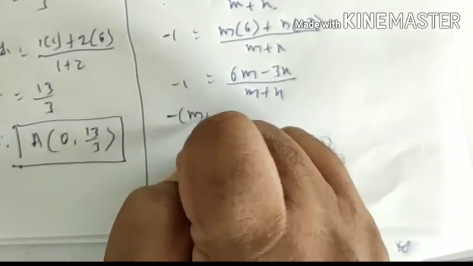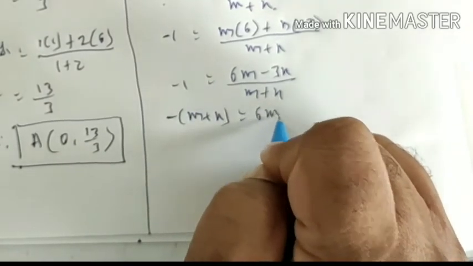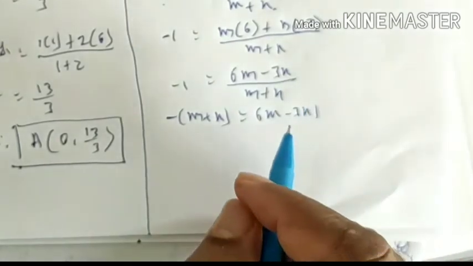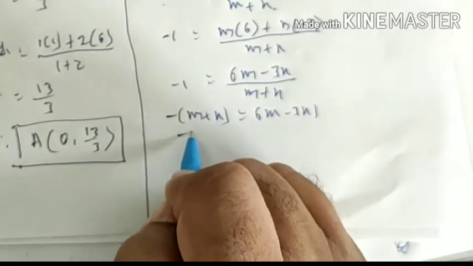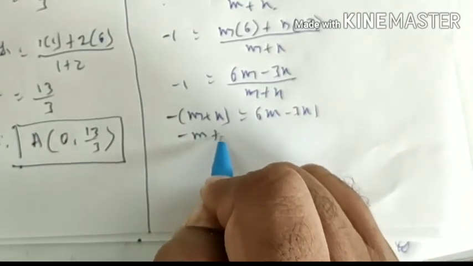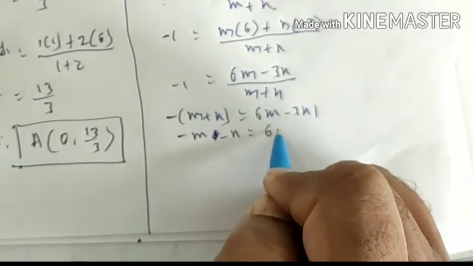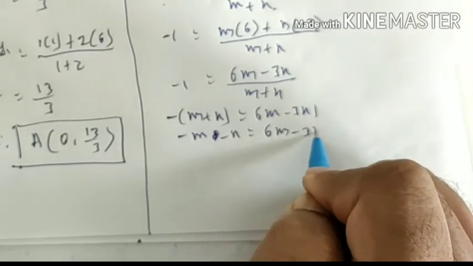Minus of m plus n is equal to 6m minus 3n. If you open this bracket, minus m minus n is equal to 6m minus 3n.